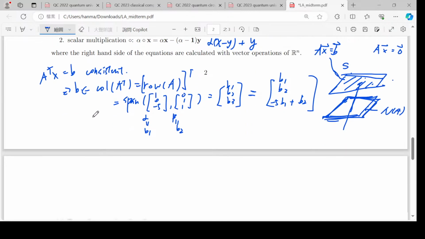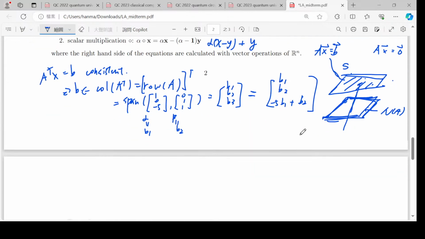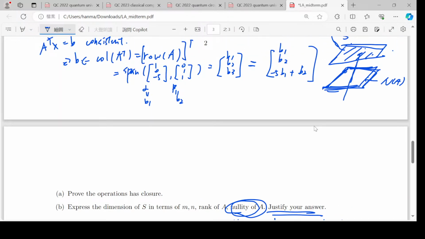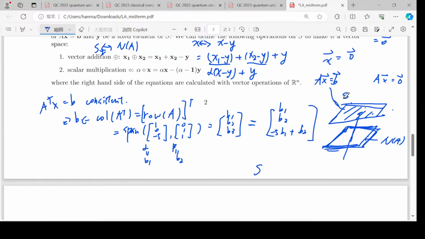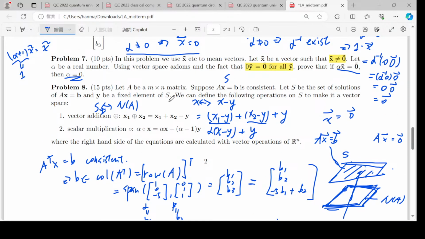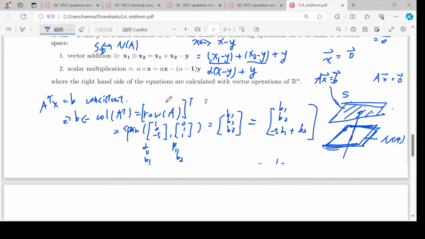And in terms of notation, we can say that everything in the solution space of Ax equal to B is a homogeneous solution plus a particular solution, so we have a particular solution Y here.